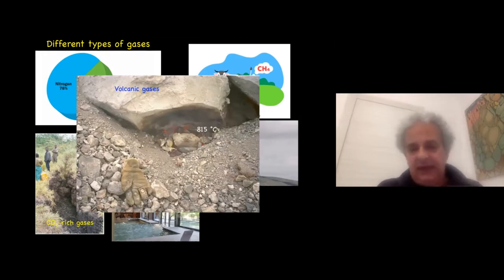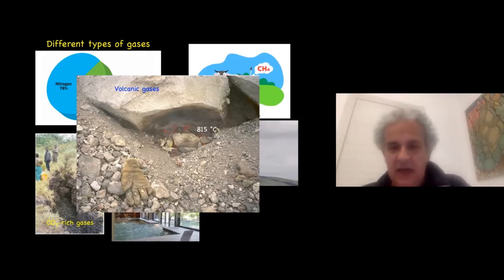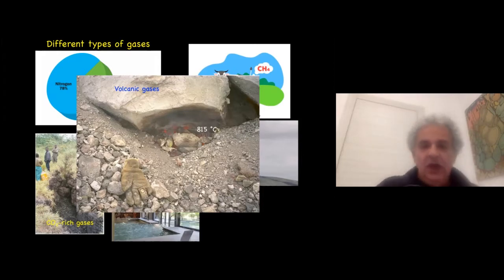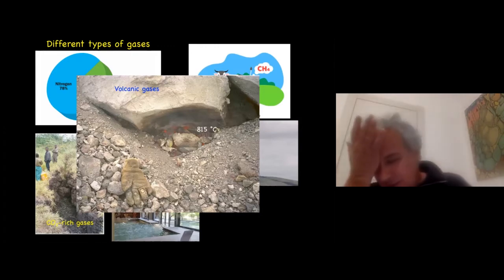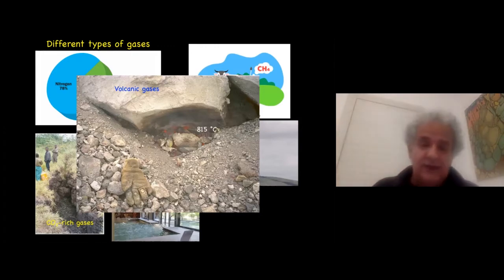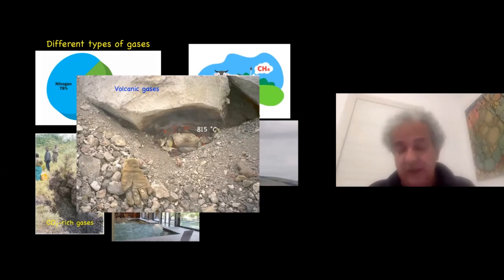Usually the gases I was talking about a few seconds ago are mostly characterized by low temperature. When we are dealing with volcanic gases, as shown in this case, we may have fumaroles that reach very high temperatures. This is a fumarole at Satsuma Iwo-jima volcano, where the temperature is 815 degrees.